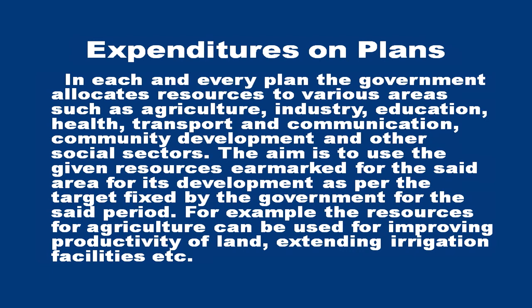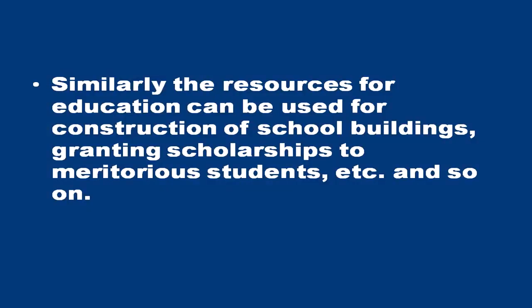The aim is to use the given resources earmarked for the said area for its development as per the target fixed by the government for the said period. For example, the resources for agriculture can be used for improving productivity of land, extending irrigation facilities, etc. Similarly, the resources for education can be used for construction of school buildings, granting scholarships to meritorious students, etc.